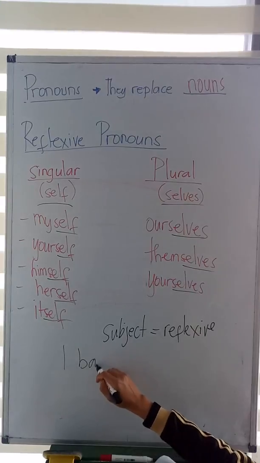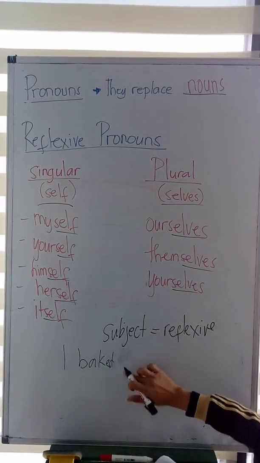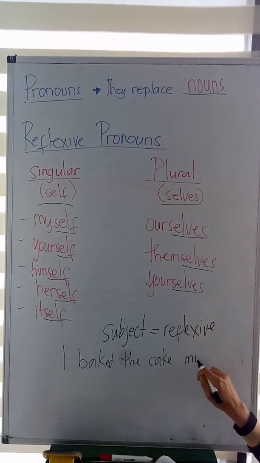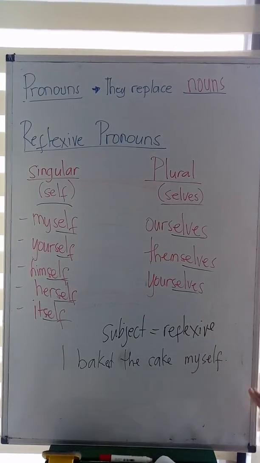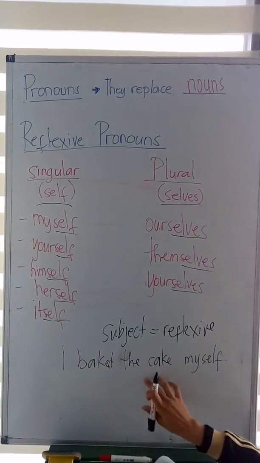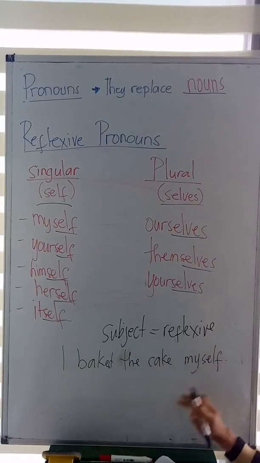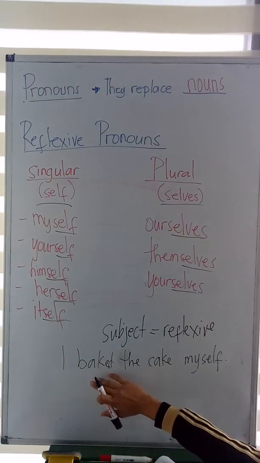I bake the cake myself. So I am just emphasizing that I bake the cake myself. So we use the reflexive pronoun here to emphasize the subject who did the baking.